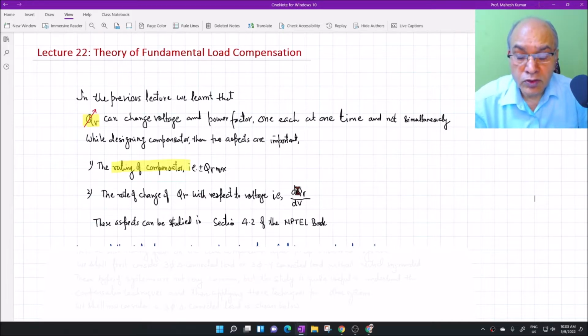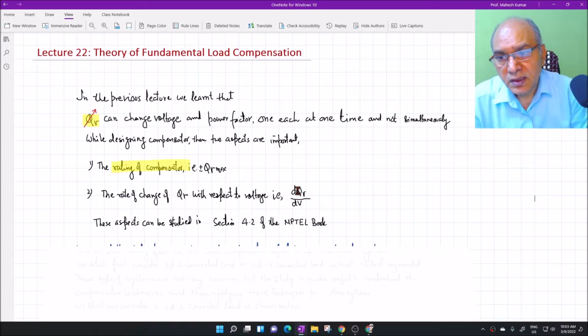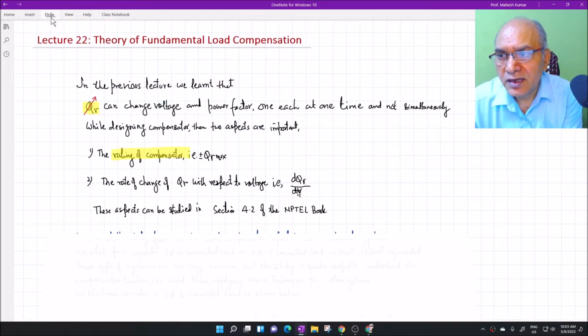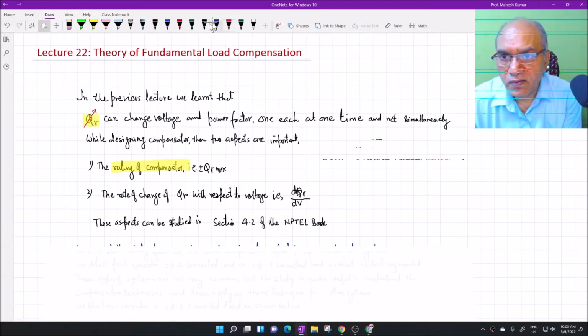Although voltage improves out of the correction of the power factor, its value is not controlled by the compensator. It comes as a consequence. Similarly, we have seen that if we regulate the voltage, then we cannot control the power factor.